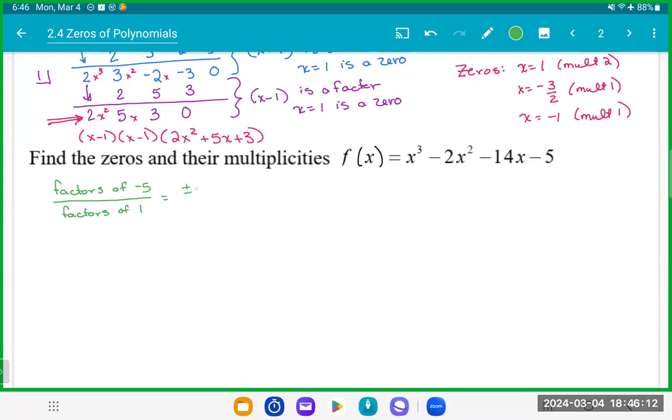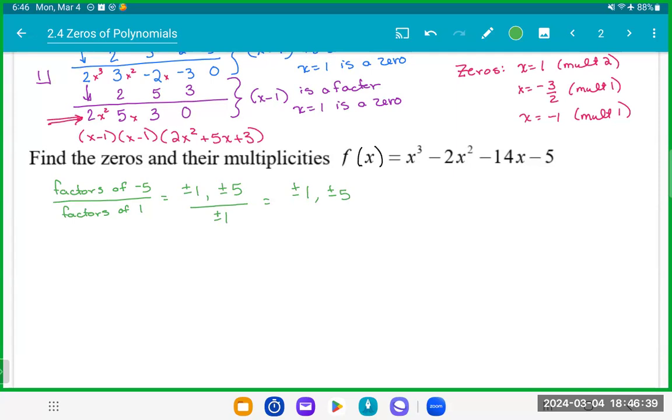So we can have plus or minus 1, plus or minus 5. And 1 is the only thing is itself, so we have plus or minus 1 there. This one actually simplifies quite easily. So we can have a positive 1, a -5, a -1, or a positive 5, okay?